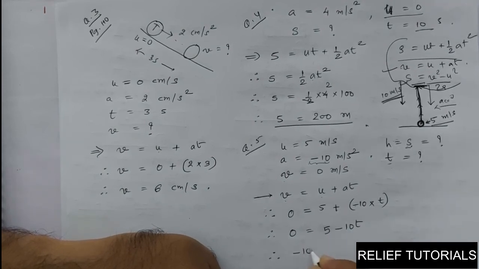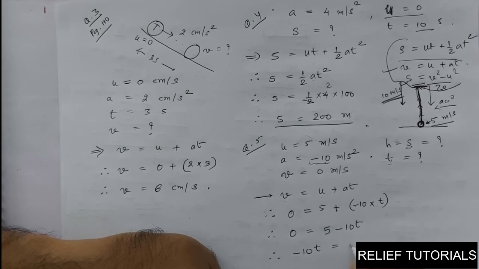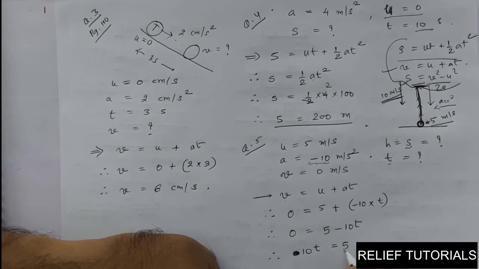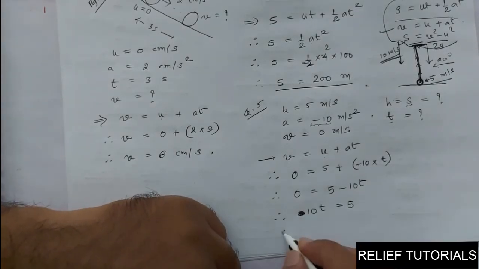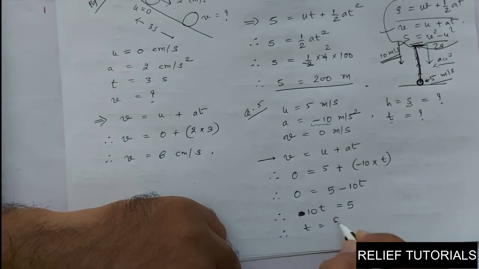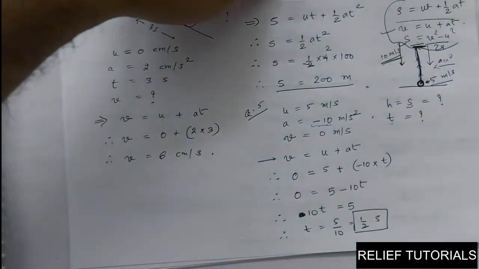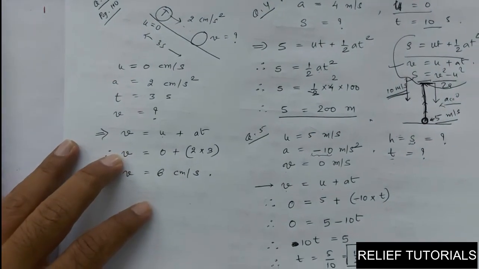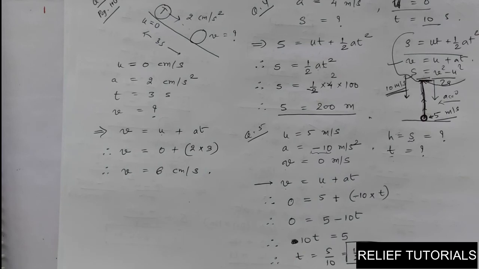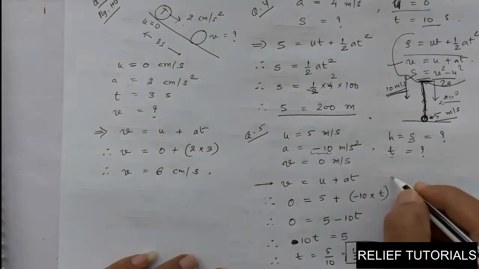Therefore, taking the minus 10t to the other side, 10t is equal to 5, therefore t is equal to 5 by 10, so it is half a second. So T we found, and now let us find S.